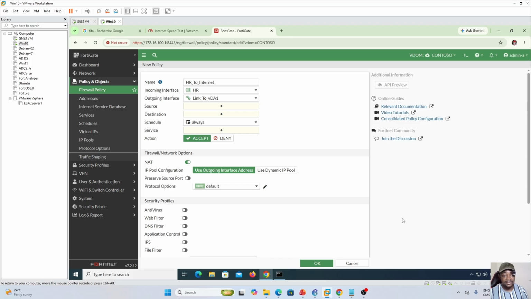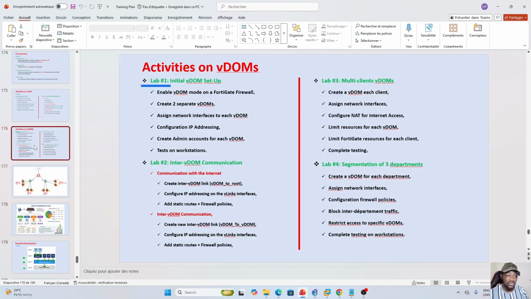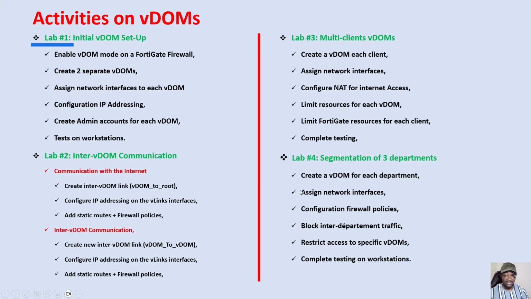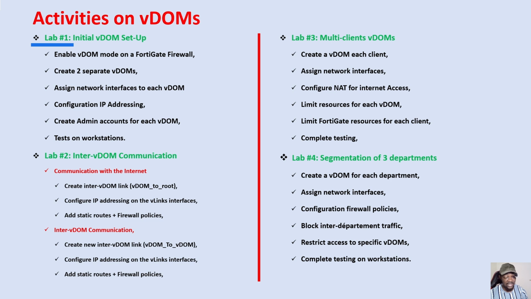So guys, I think this is all I have to provide here today. This is going to be the last video of this series of videos that we did on FortiGate, VLAN, and vDOM. The previous videos were on VLANs, and this one is on vDOMs.